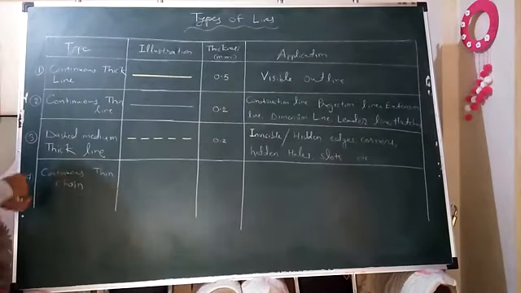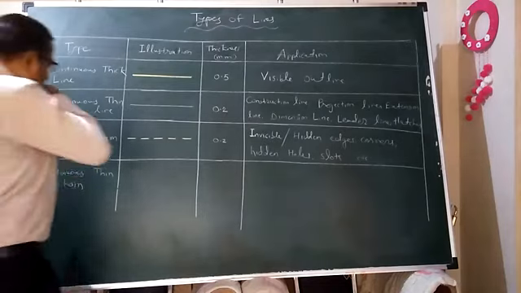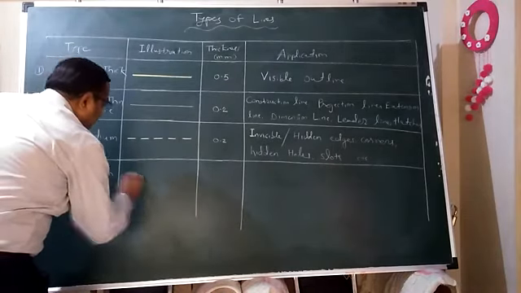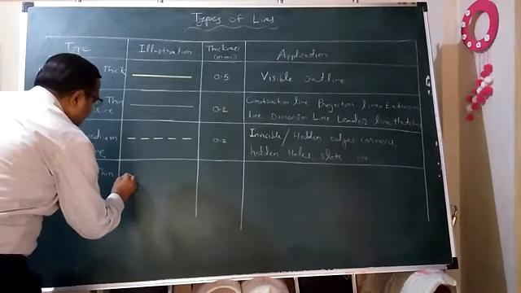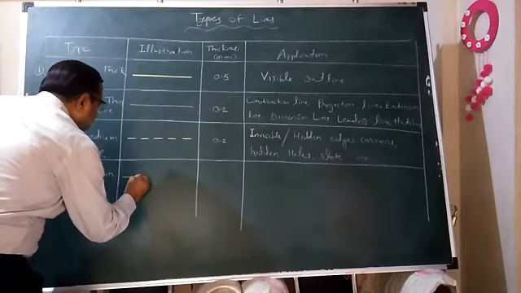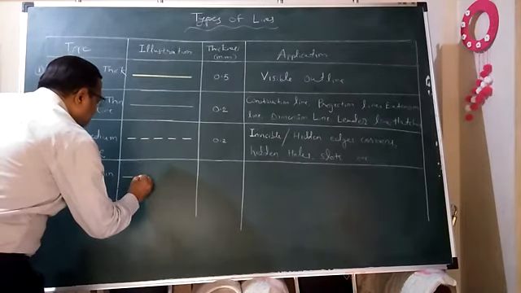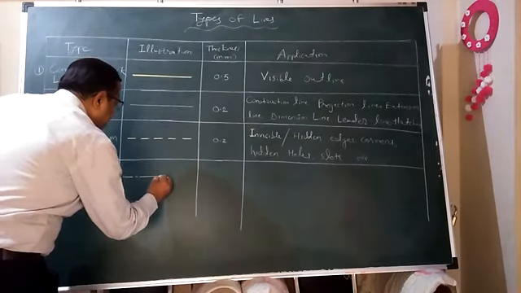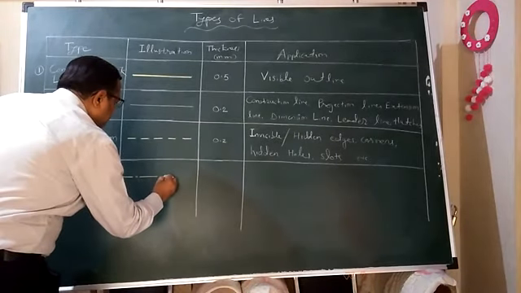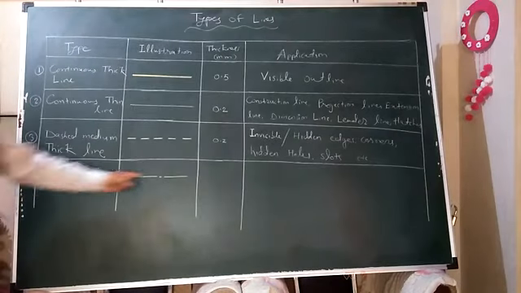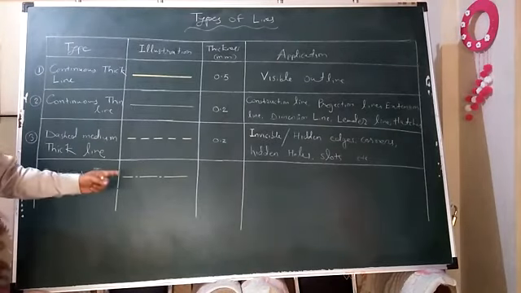The line should be thinner. Now see here how to show it. Long dash, small space, again very small dash, again small space, again long dash, small space, small dash, small space, again long dash. So this is called a continuous thin chain.